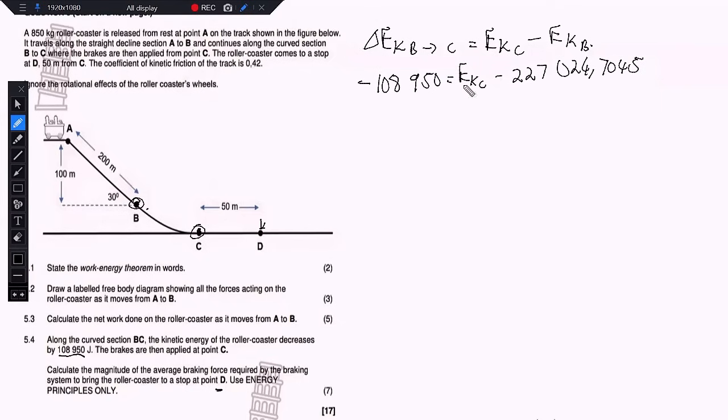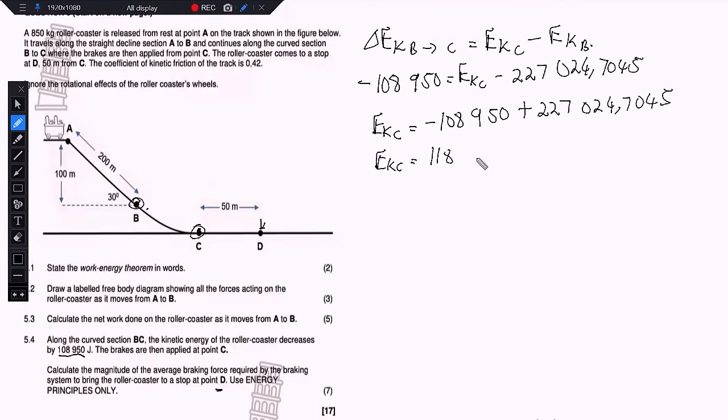Now we can use that to find the EK at C by saying EK at C is negative 108,950 plus 227,024.7045, right? And then the EK at C will give us 118,074.7045 joules.